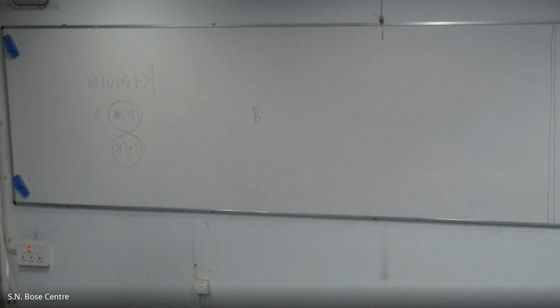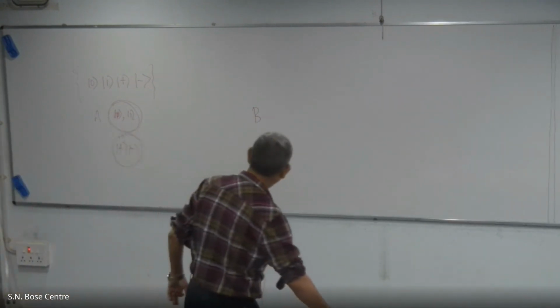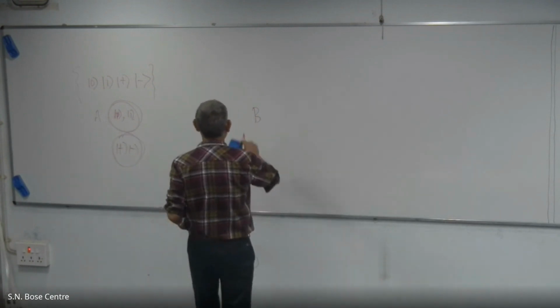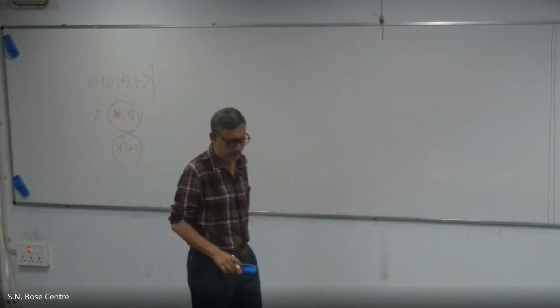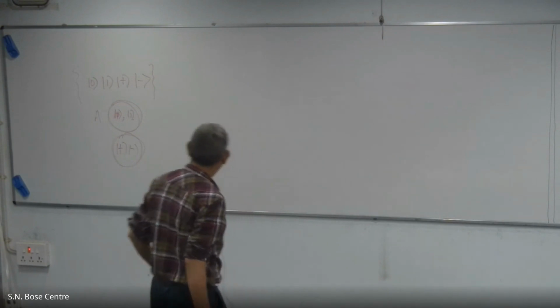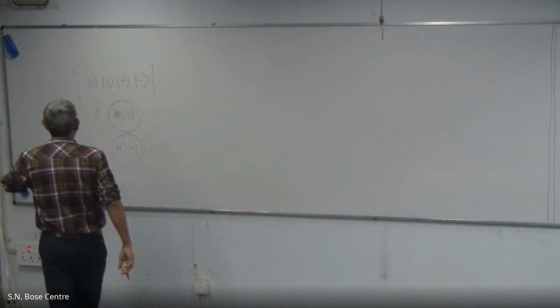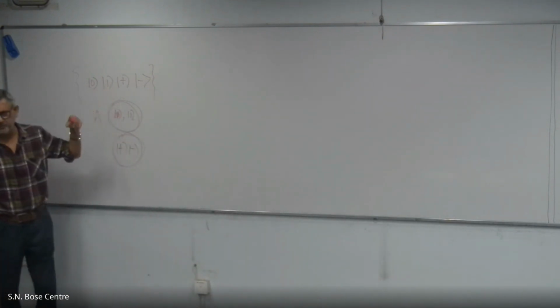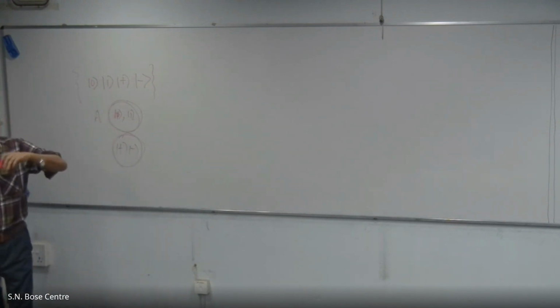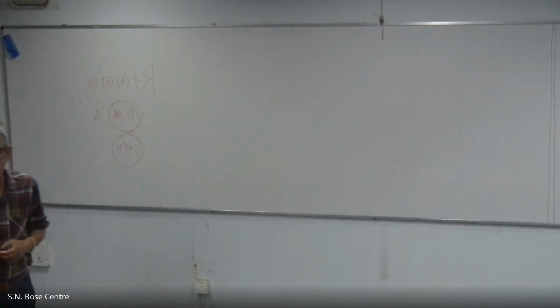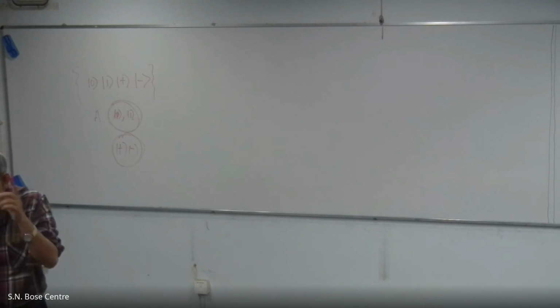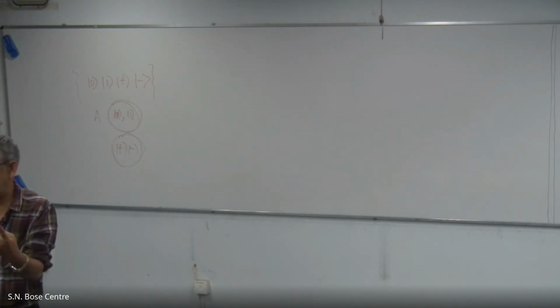This is one thing. Another thing, because here I have taken a two-dimensional Hilbert space, with how many states can you pack them so that they can be reliably distinguished? It's two-dimensional, so only two orthogonal states.